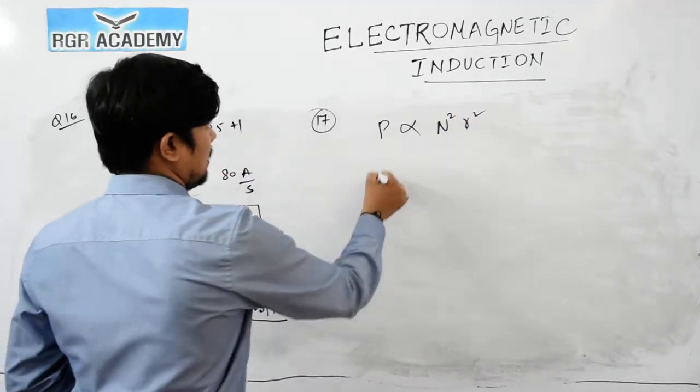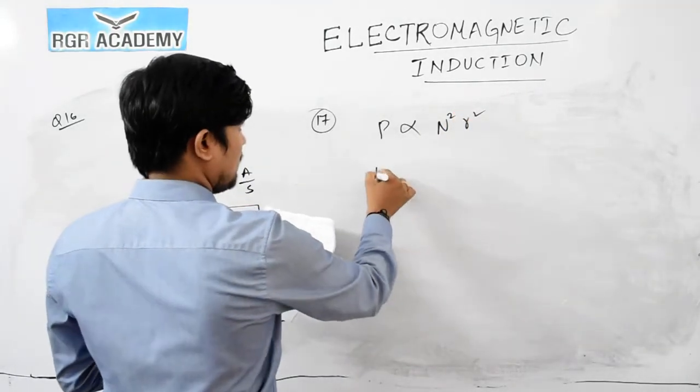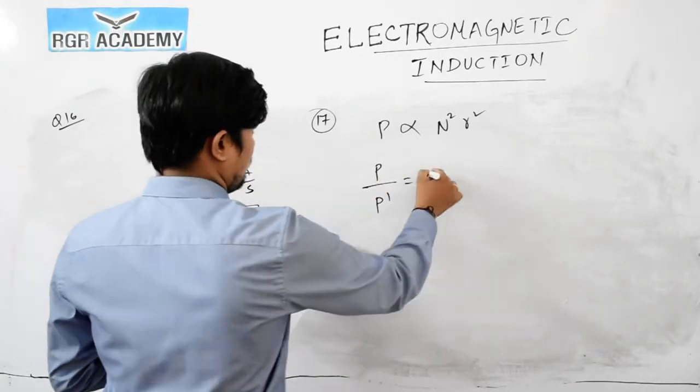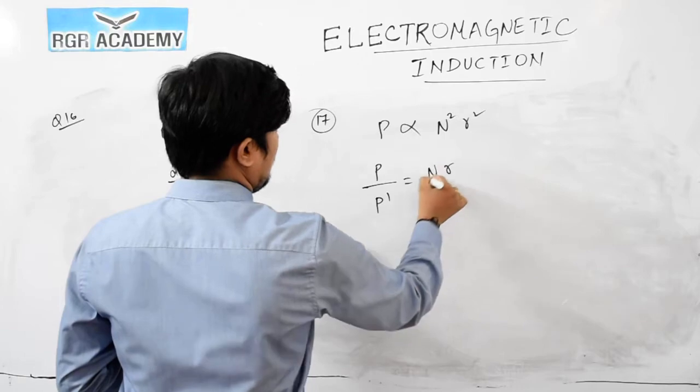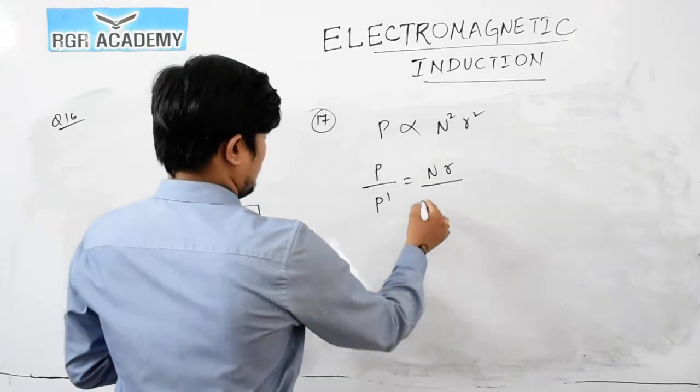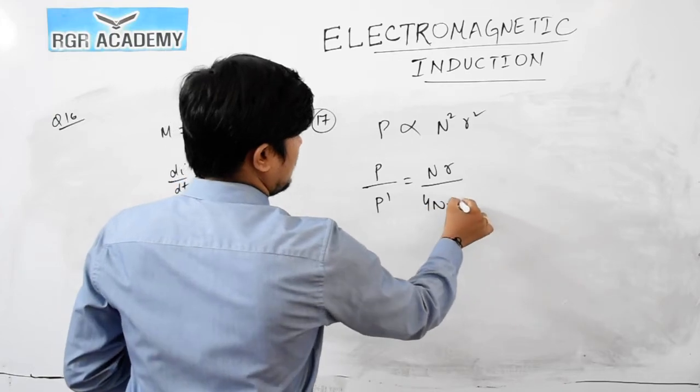So initially the power is P. So P by P dash will be equal to N1. Number of turns are N and the radius is R, we can consider. After that, number of turns becomes 4 times, so 4N, and radius becomes half.